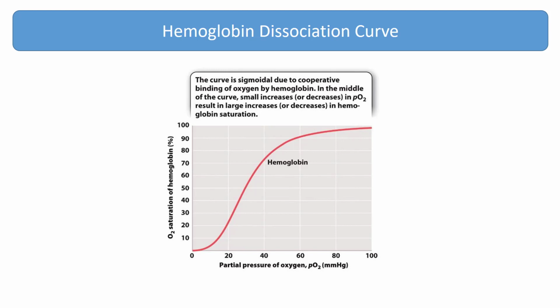This demonstrates that as the partial pressure of oxygen in the blood increases, hemoglobin saturation rises slowly at first, then more steeply, and then more slowly again until it levels out. At 100% saturation, all hemoglobin molecules bind 4 oxygen molecules. The increase in binding affinity with additional binding of oxygen is called cooperative binding, and it gives the oxygen dissociation curve for hemoglobin its sigmoidal shape.